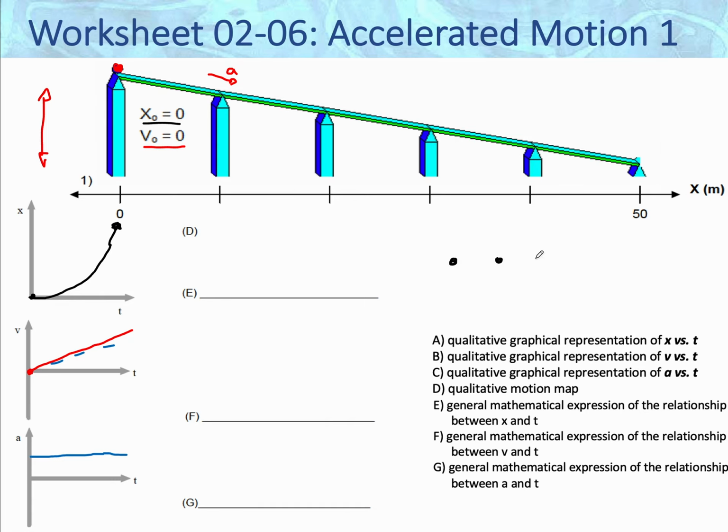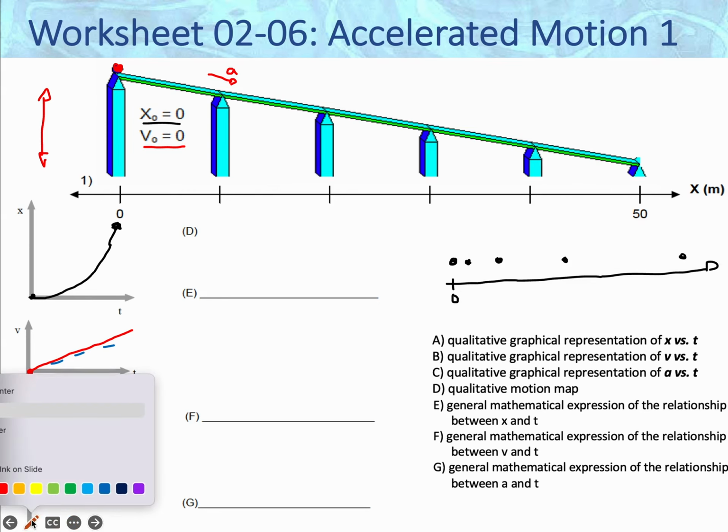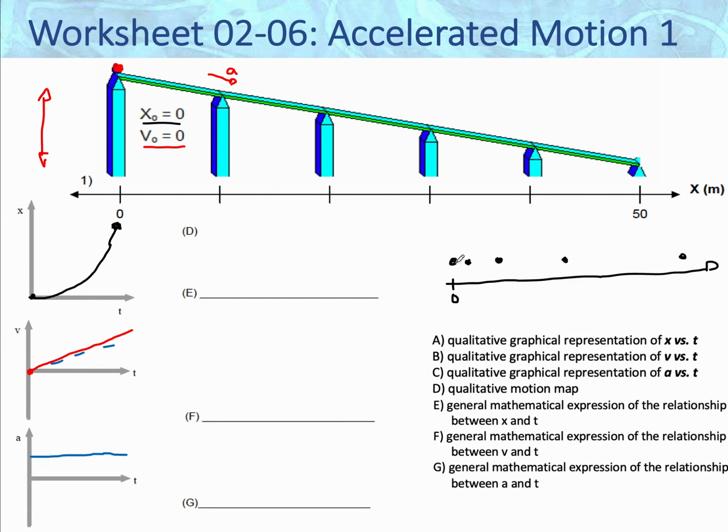The object is gaining velocity as it goes down the ramp, something like this, and it starts out at 0. And this can be qualitative. I probably should add one more point in here, honestly, to make that, yeah, that's better. And so what's happening here? It's gaining velocity, small at first, then getting bigger and bigger and bigger as it goes down. I can't draw the last one. It would go off the edge of the page, so forgive me.